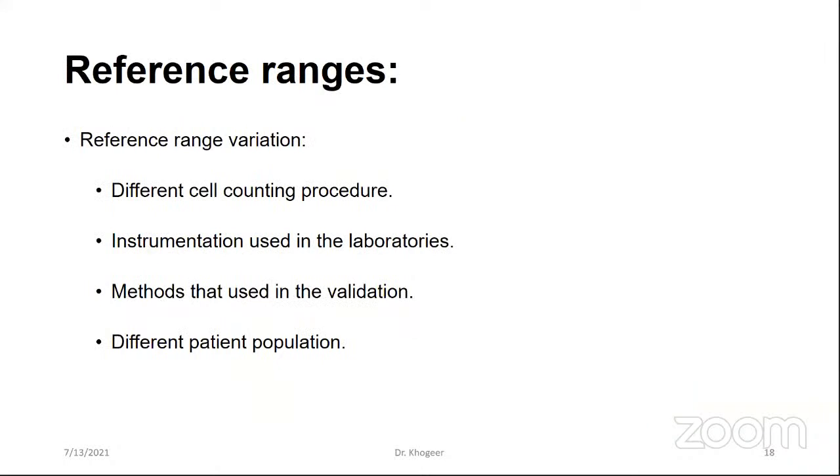To discuss the quantitative abnormalities, it is necessary to define the different reference ranges for the white blood cell count and for its subtypes. It is also important to remember that these reference ranges may vary between laboratories because of different cell counting procedures, instrumentation used in the laboratories, and methods used in the validation to establish this value.